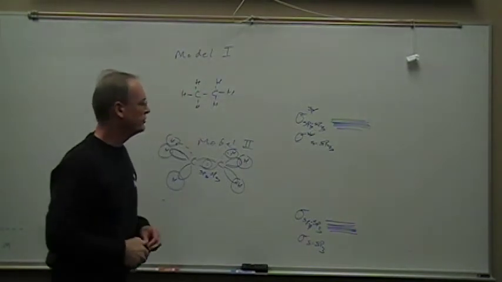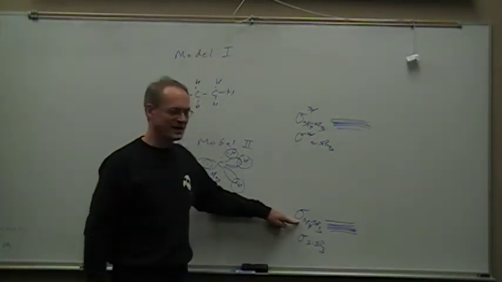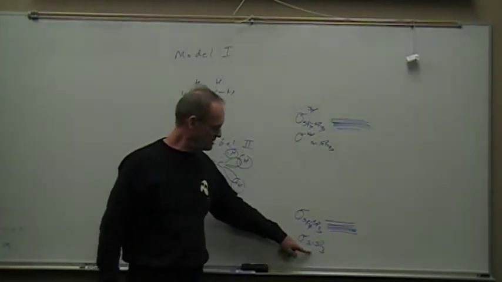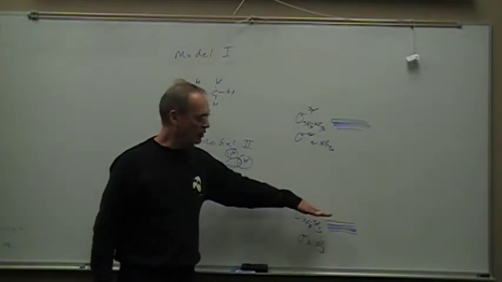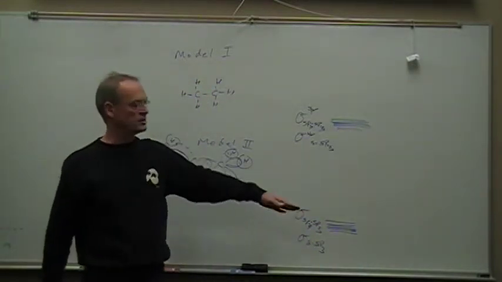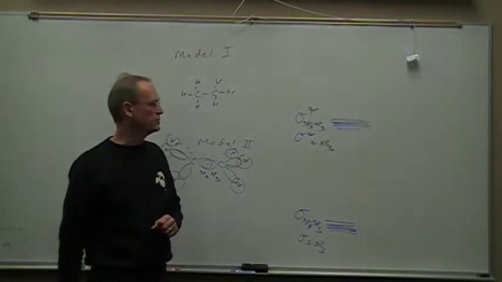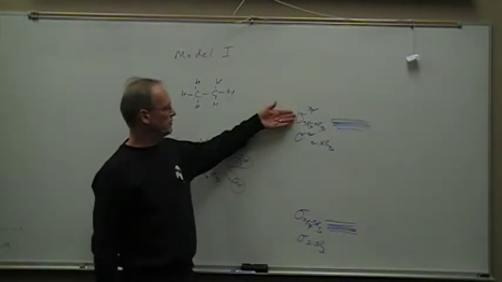Now, even though the sigma sp3 is not exactly the same energy as the sigma s-sp3, we're just going to draw them all together at essentially the same energy level there, because they're all way down in energy compared to other things we'll talk about here in a minute. And same thing with the sigma stars.